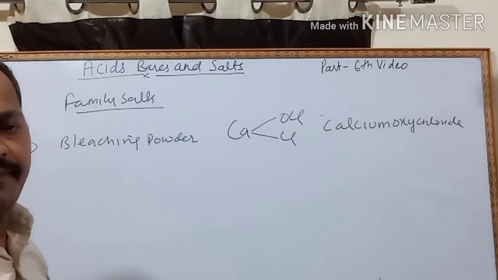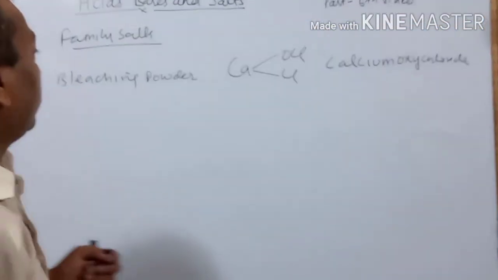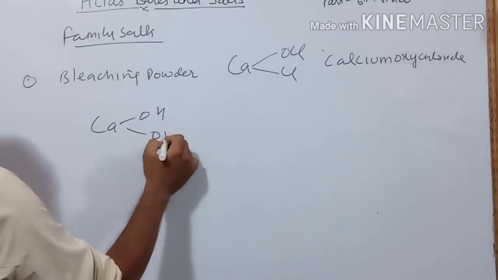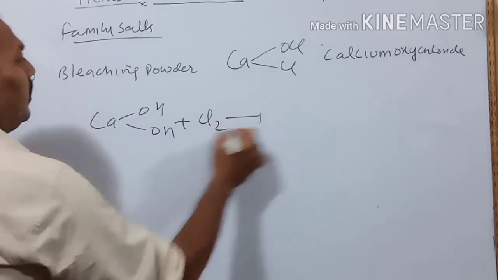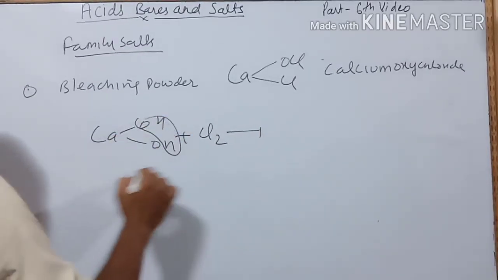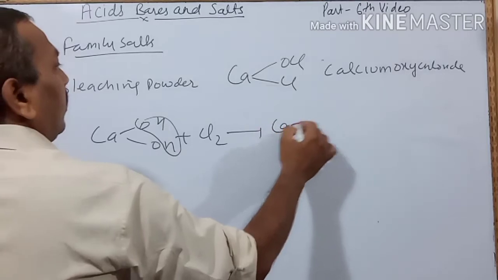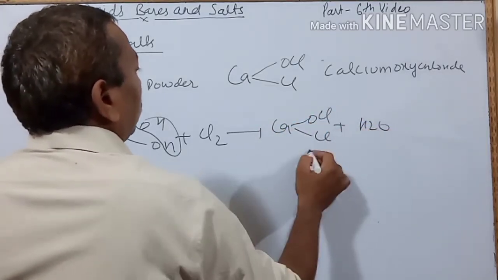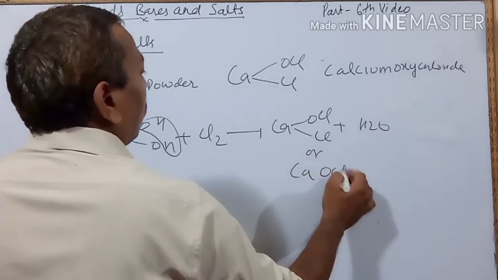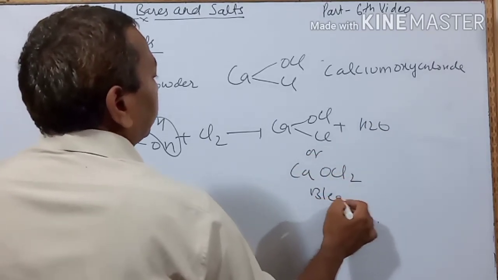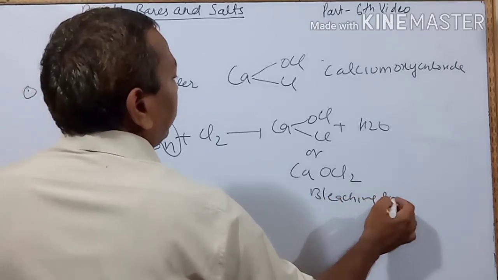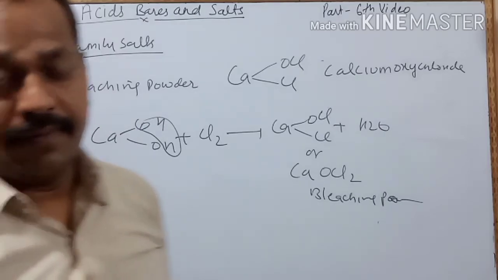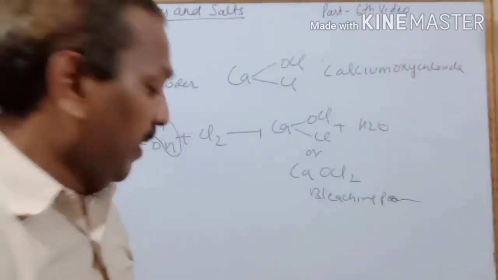Now very simple, we will study not in detail, just how we can form it. Calcium hydroxide reacts with chlorine, so one water molecule is eliminated and it forms CaOCl2 plus water, or we can write it in condensed form. This is bleaching powder. It has many uses, and we use bleaching powder in many ways.